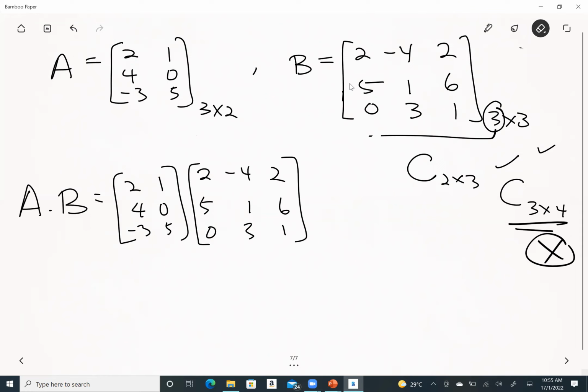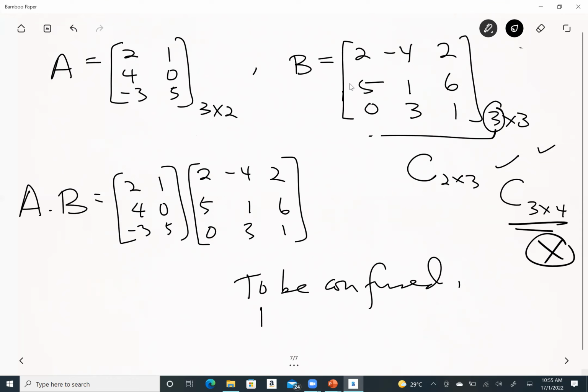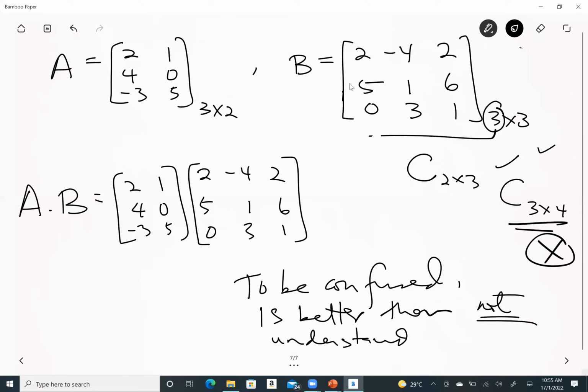To be confused, okay, this is the principle of learning. To be confused when you learn is better than not understanding at all.